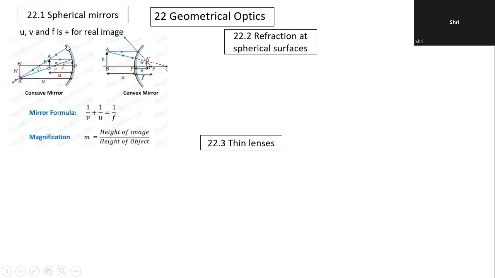So for concave mirror, there's your concave mirror. Know how to draw the ray diagram. There's your convex mirror. There's your mirror formula. There's your magnification, height of image over height of object. Right, remember the key one is R equals 2F.